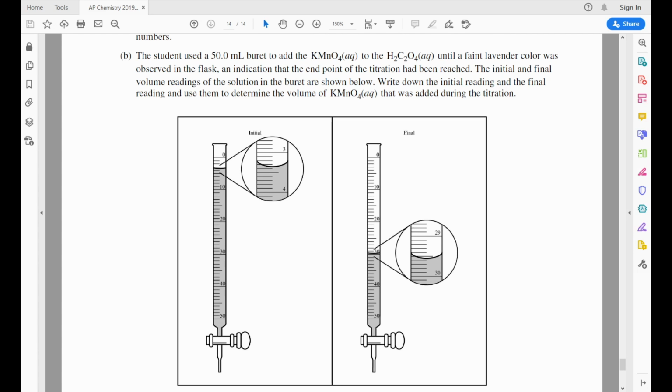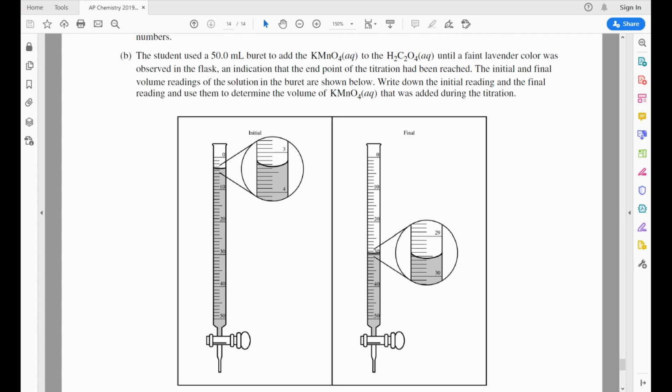For the final reading, again, go through the process: 29.1, 29.2, 29.3, 29.4, 29.5, and again halfway between, 29.55 will be your final reading. So the difference between the two of them, 29.55 minus 3.35, is 26.20. That's your answer, 26.20 milliliters.